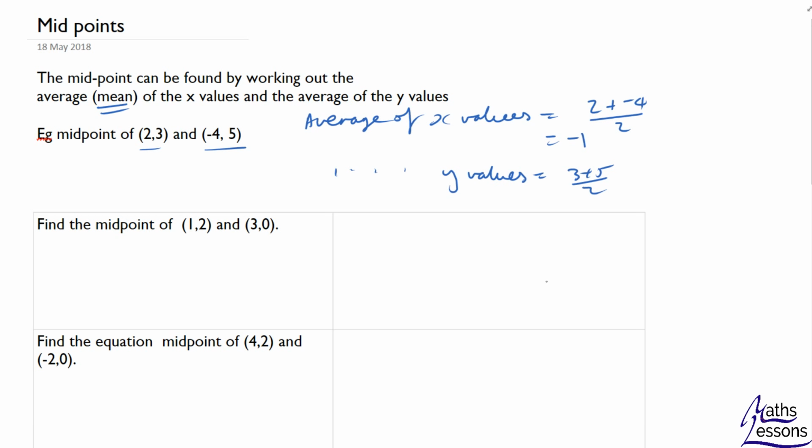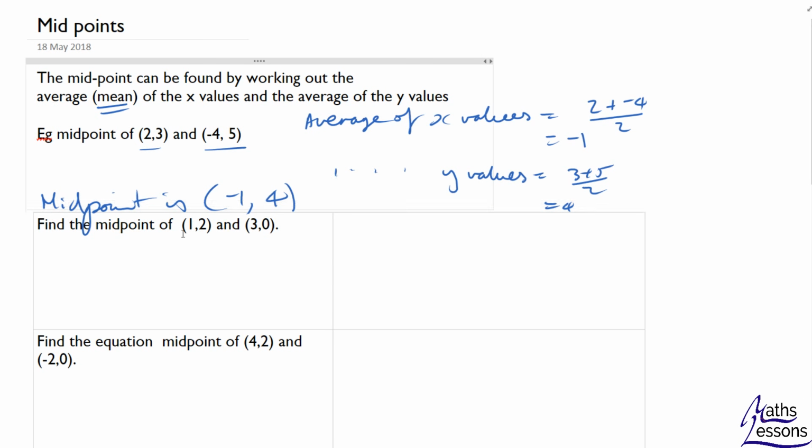Divide by 2, so that's 8 divided by 2, which is 4. So our midpoint is going to be -1, 4. Okay, I'll give you 30 seconds just to find the first midpoint here.